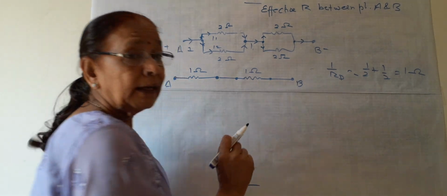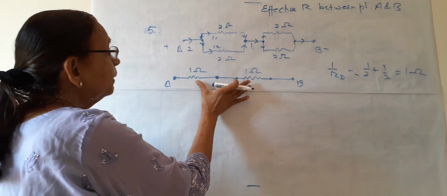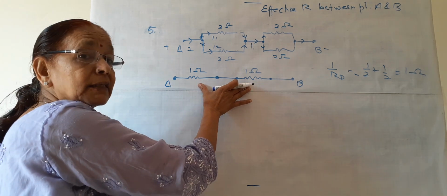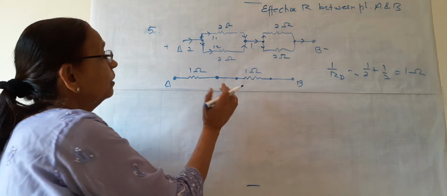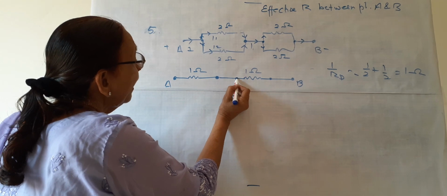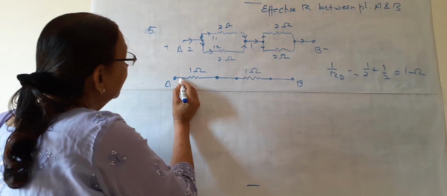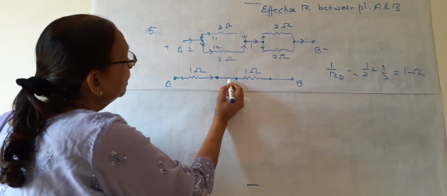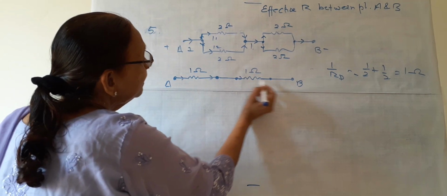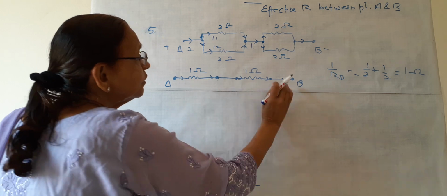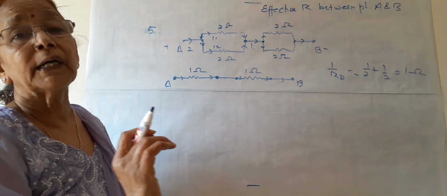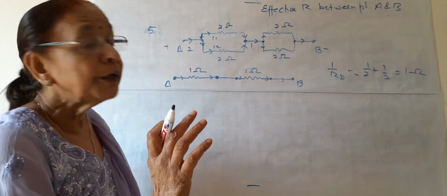Now look at this figure. They both look like they are in series because they are joined end to end. The current which is coming from here is again entering here. There is no other road for current to divide now.